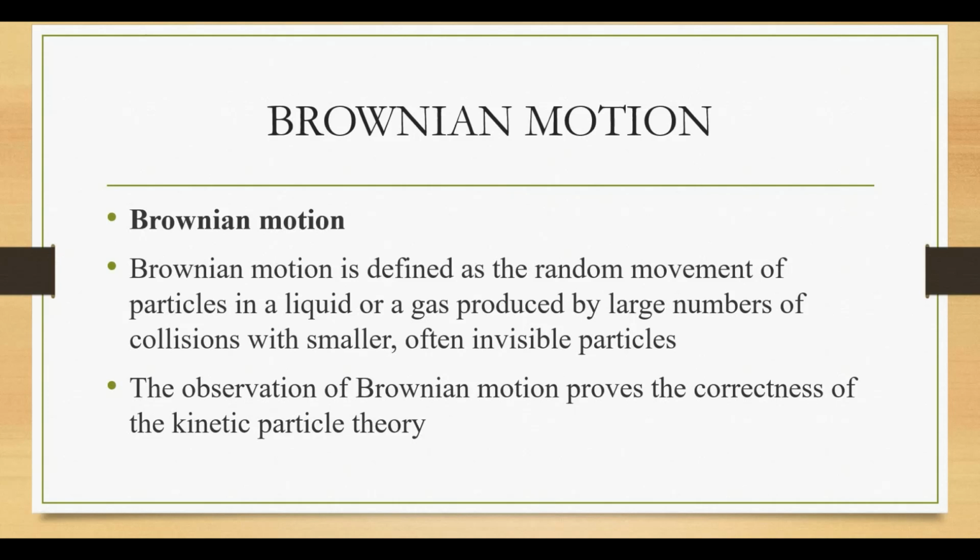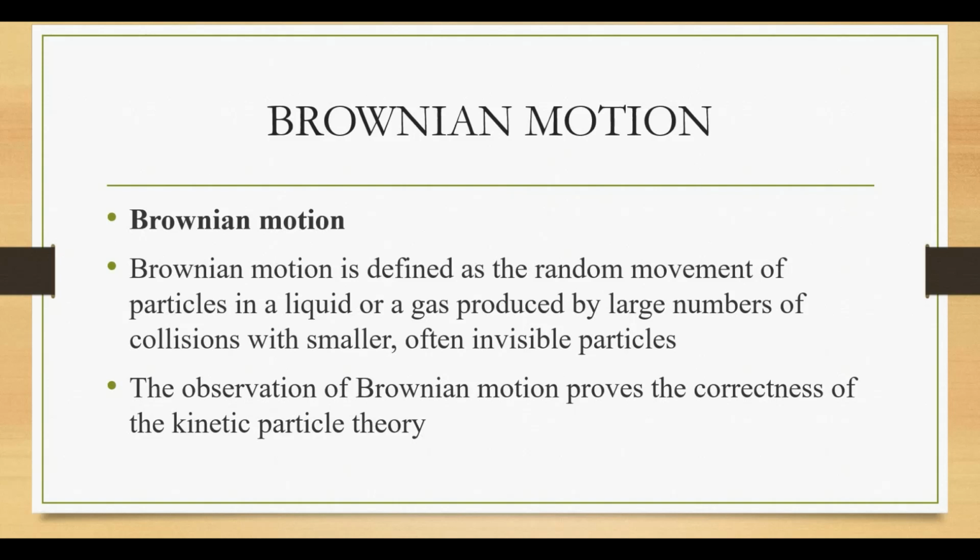Brownian motion is therefore defined as the erratic random movement of microscopic particles in a fluid, for example pollen, as a result of the continuous bombardment from molecules of the fluid, for example water molecules. According to this slide, Brownian motion is defined as the random movement of particles in a liquid or a gas produced by large numbers of collisions with smaller, often invisible particles.